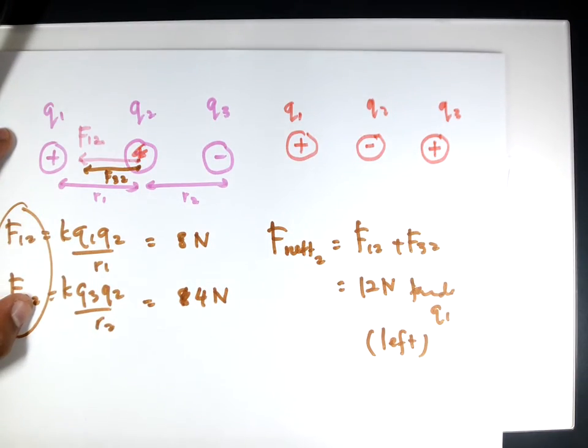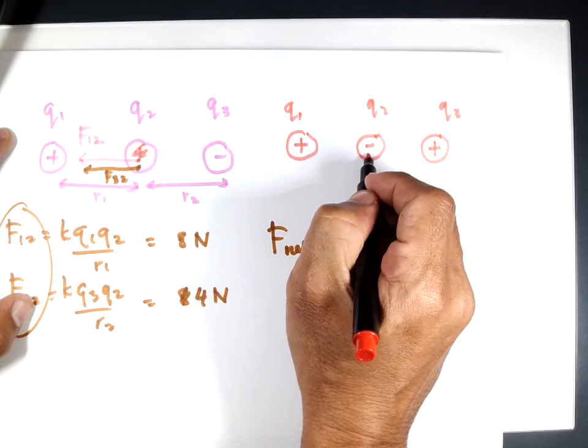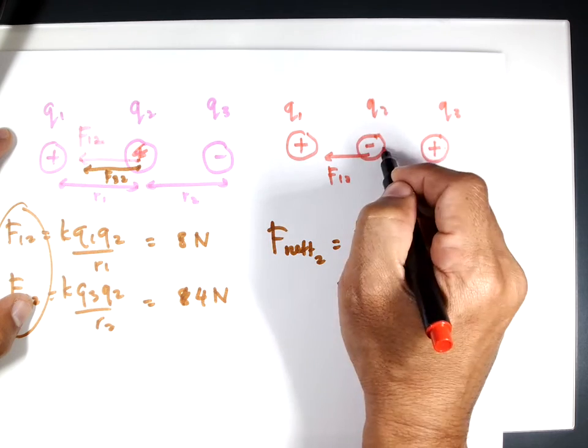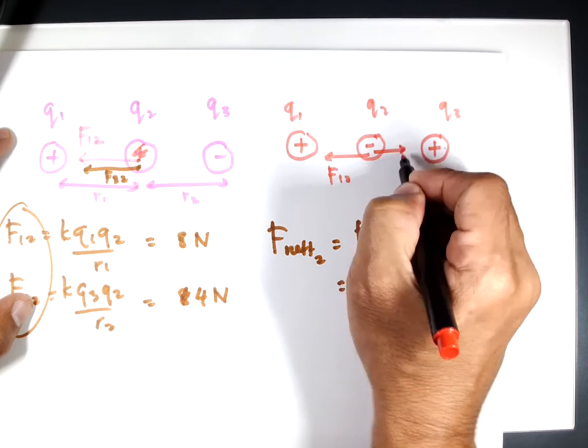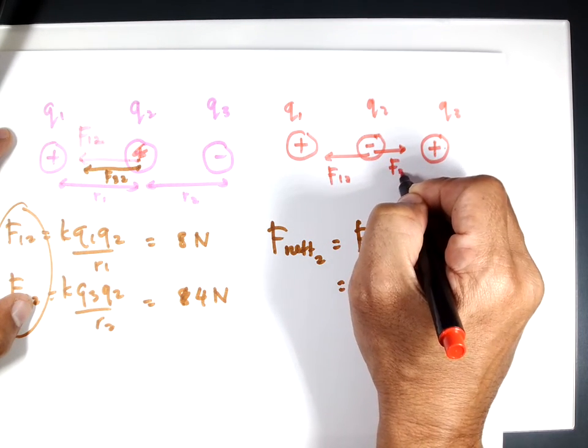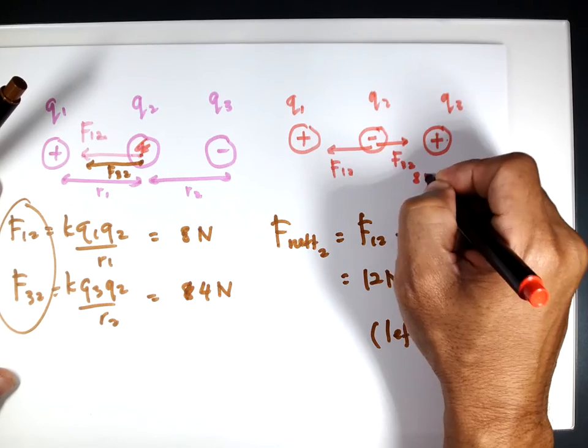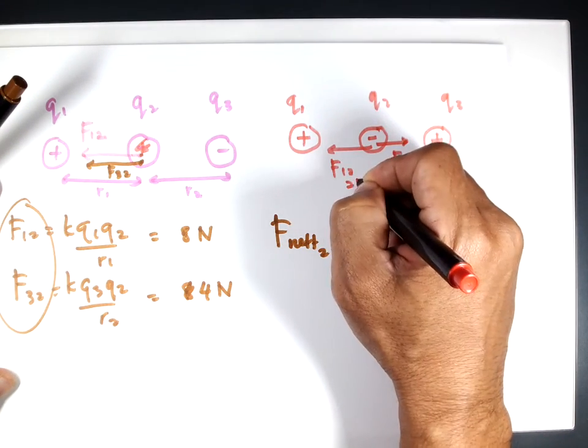So what happened? This one repels, attracts, F12. This one positive, this one negative, also attract. So you have F32 like that. So what is your net force now? So let's say this is 8 Newton, this is 2 Newton.